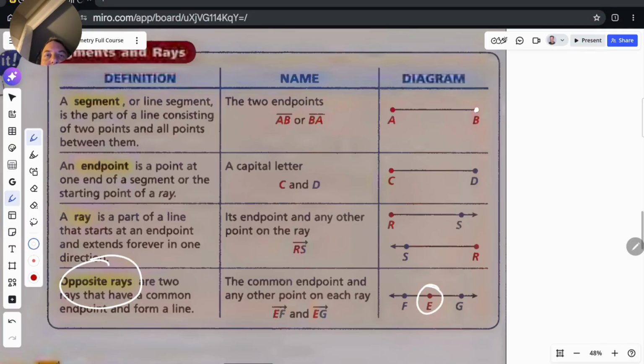One ray, EF, starts at E. That's the common endpoint. And it goes left through F. And the other ray, EG, starts at E and goes right through G. So together they form one straight line.